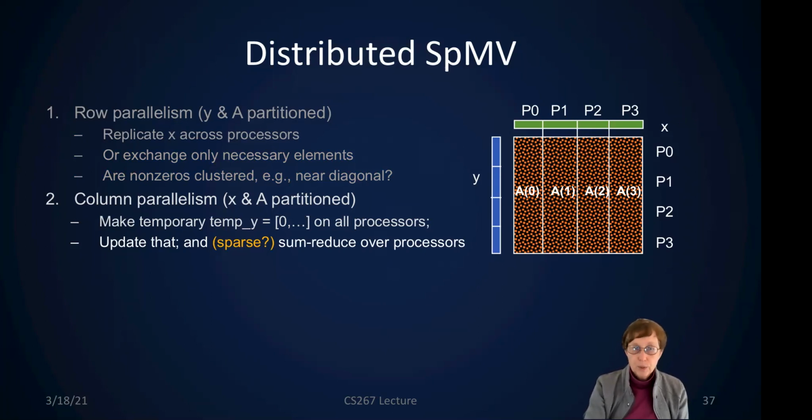We can also do those reductions sparsely. That is, if we really don't have very many non-zeros in that, we might not want to communicate the entire dense vector Y, but you can imagine this now makes the reduction operation significantly more complicated in terms of implementing what that sparse reduction looks like.